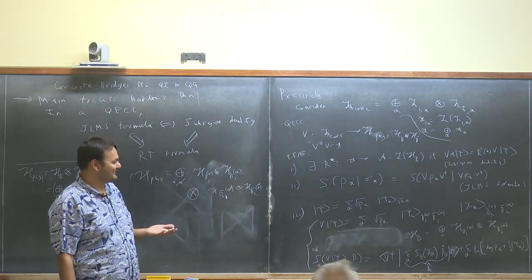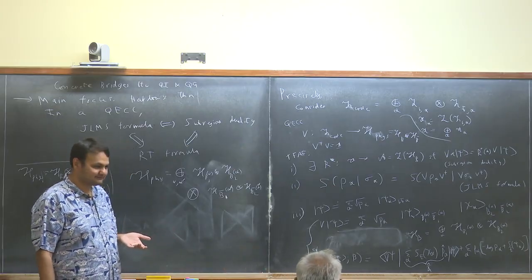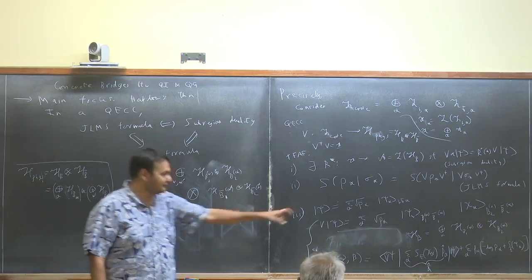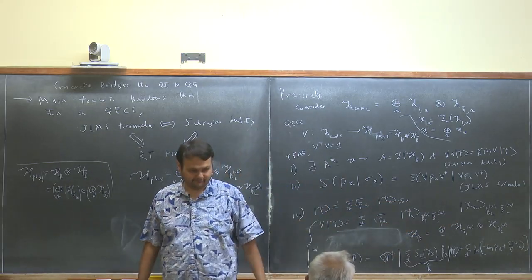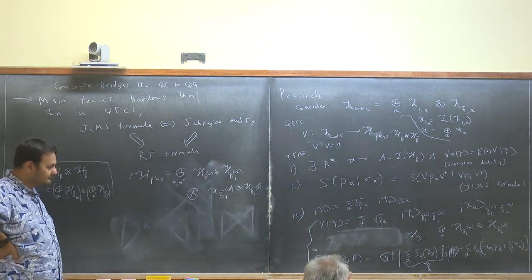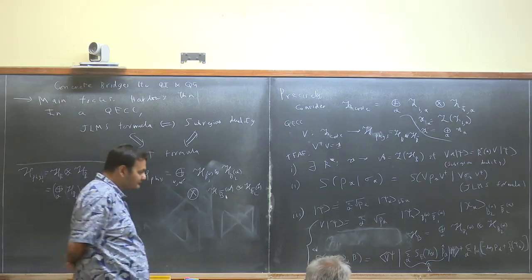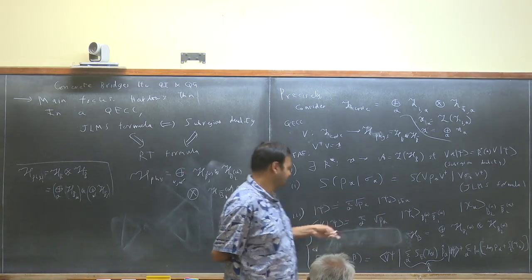Ronak, one last thing, in point number 3: if I take two states in the code subspace, the chi alpha is the same. The chi alpha does not depend on psi alpha. But now psi is a sum over psi alpha, and that alpha is a sum over different states in the physical Hilbert space, in H code.